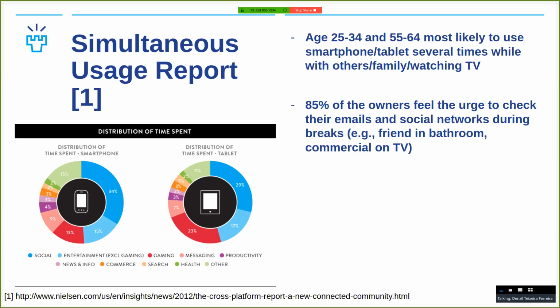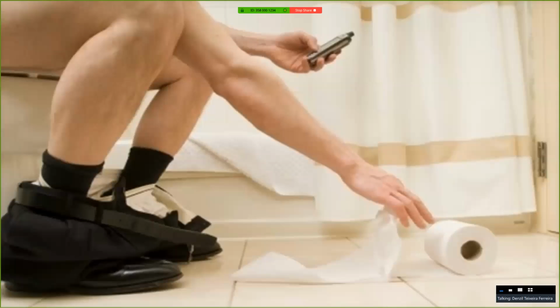But in general, the use that people have is very similar for the devices. And of course, we all know that people take their smartphones to the bathroom and they stay there for hours. But yeah, so it's an issue, right?